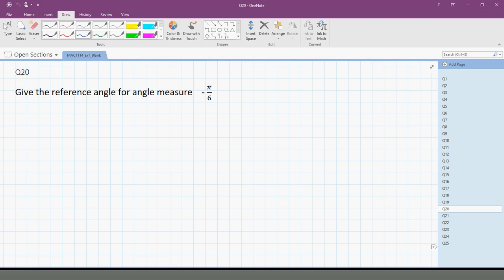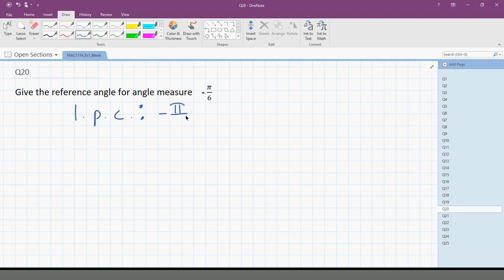Okay. Number 20. So again, what's a reference angle? First thing is, because this is negative, you got to get to the least positive coterminal angle. So what do I got to do with this negative pi over 6? Add 2 pi.